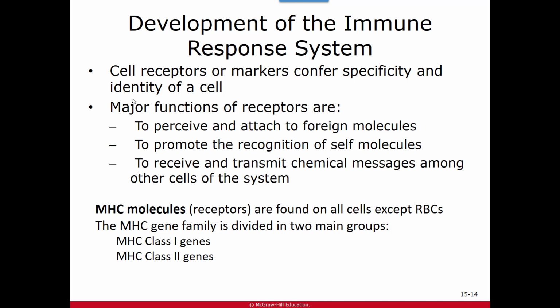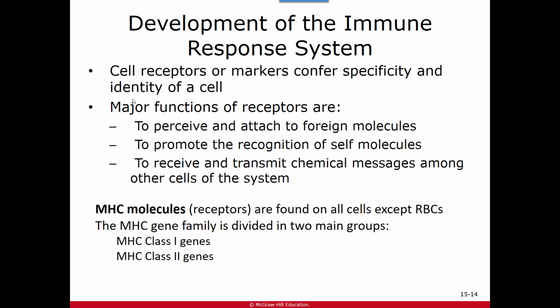Histo means tissue. There was this rejection, and we wondered: it's the same organ, the same kind of cells, so why is there rejection? That's when we figured out that all cells in our body have very specific markers, and my markers are different than your markers. My body can recognize all my own. So that's what we realized about these major histocompatibility complex molecules.